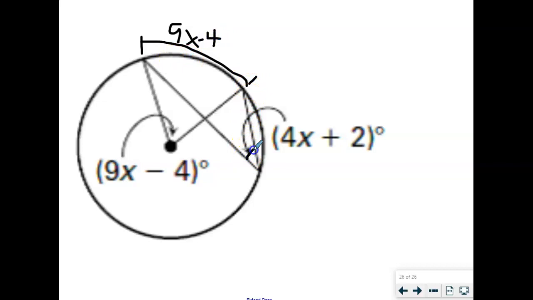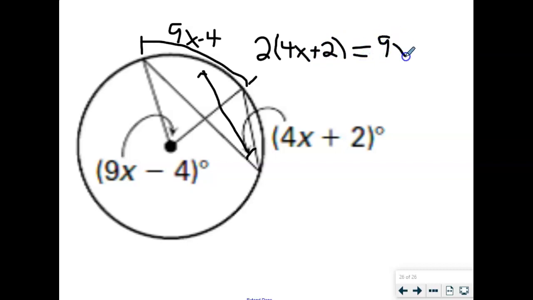Notice how the inscribed angle is going to the arc. So we're going to do a little algebra, because 2 times the angle is equal to the arc. So let's write it. 2 times the inscribed angle is equal to the arc.